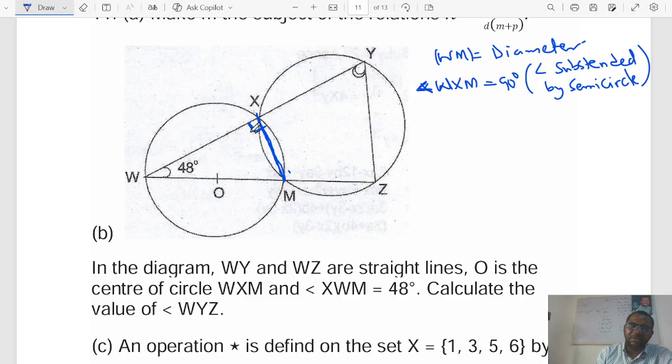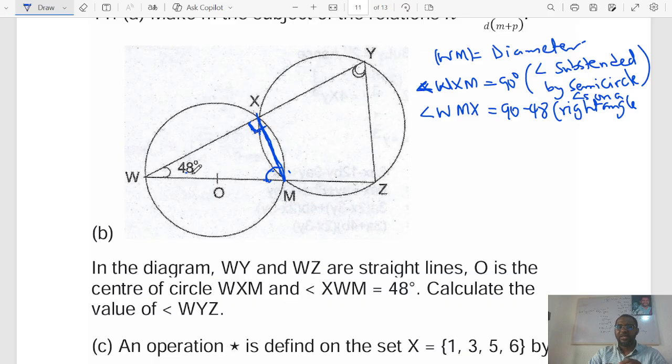Now that we've gotten this, it will become easy to find this angle here, because this is a right-angled triangle, and since this is 90 degrees, it's easy to find here.